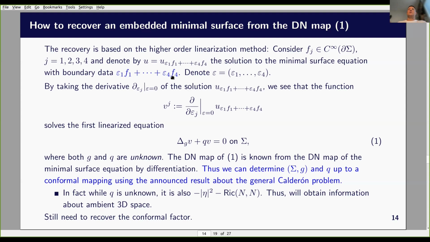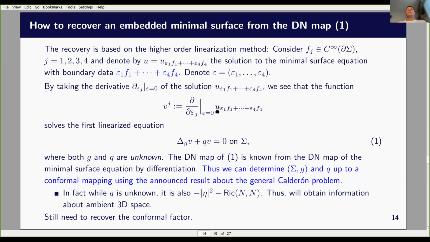So the higher order linearization method, as the name suggests, you start to linearize the solution and the equation. So now we take the first derivative of the solution u, depending on these 4 epsilon parameters, with respect to epsilon j. In that case, we denote by v_j the epsilon j derivative of this solution u to the minimal surface equation.